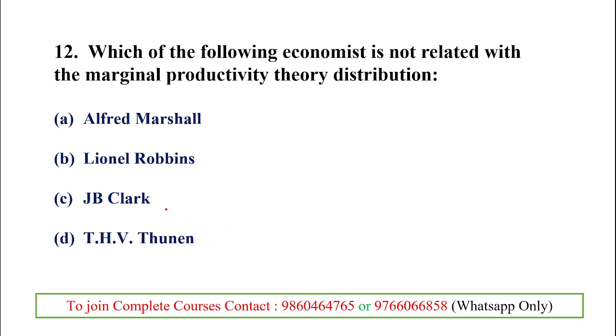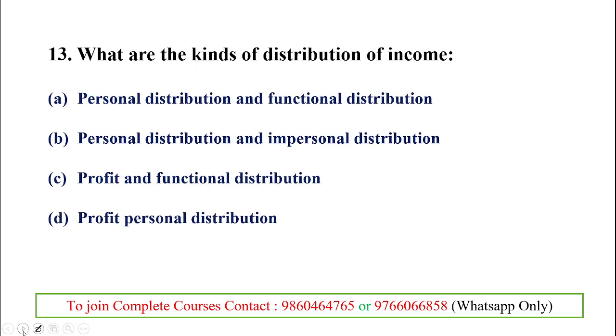Lionel Robbins is related to the definition of economics, and he gave the three main assumptions for economics, but he is not related to marginal productivity theory.